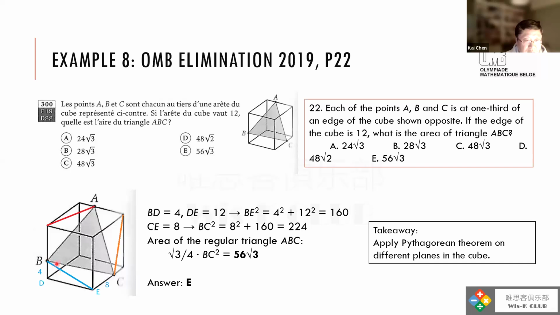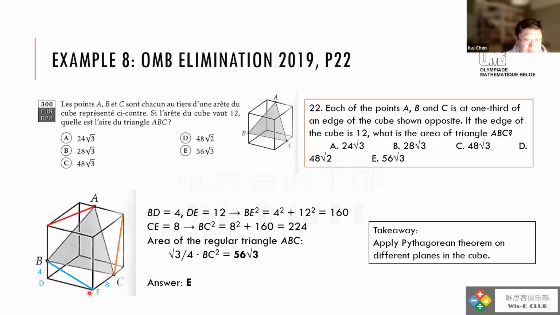So in order to find the BC square, we know already the CE square, we need to know the BE square. And the BE square is on the side face, because on the side face, the BDE is also a right triangle. So the BE square is the sum of the BD square plus DE square. So we have everything ready, right?